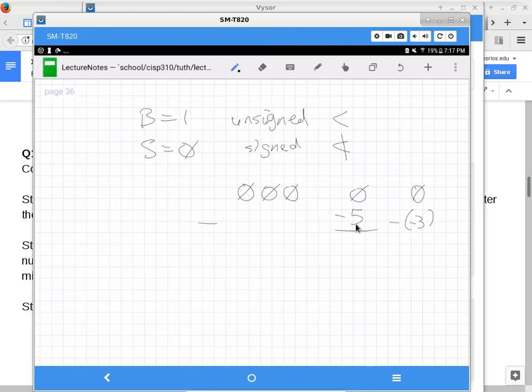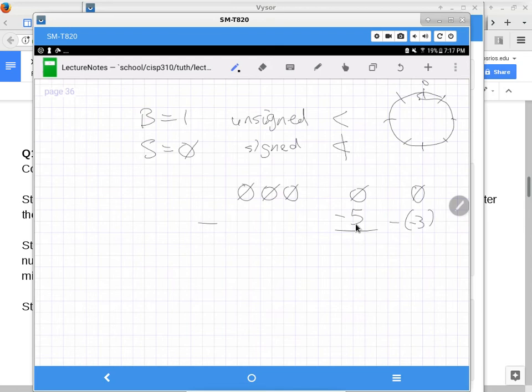Wouldn't -5 have the same bit pattern as 10? But that's not the case with a 3-bit number. With a 3-bit number, your circle is a little bit smaller than this 16, a 4-bit number. So you get 0.